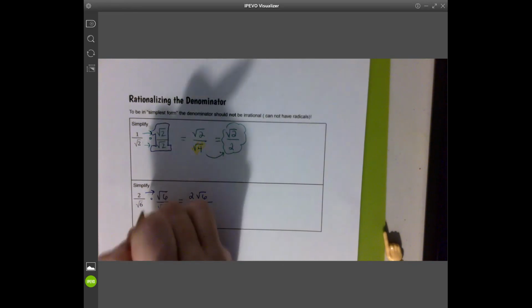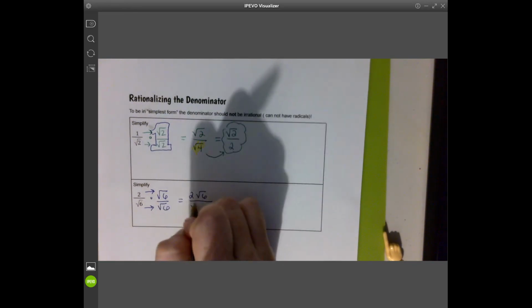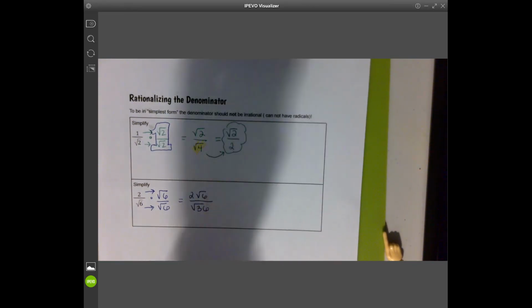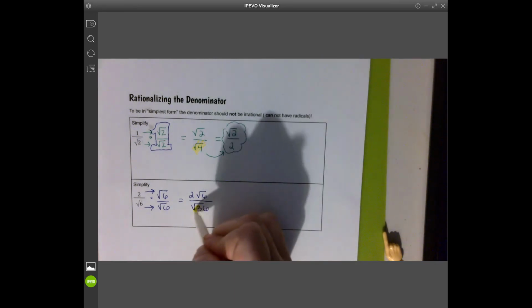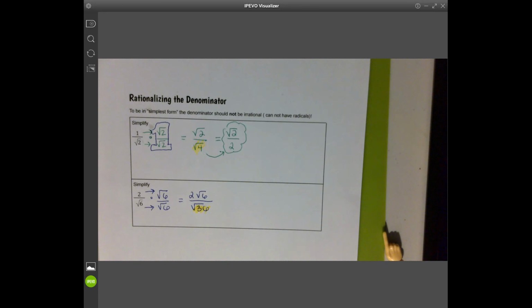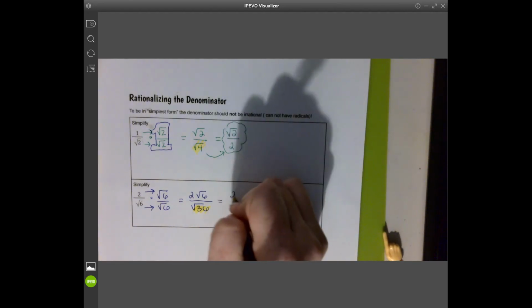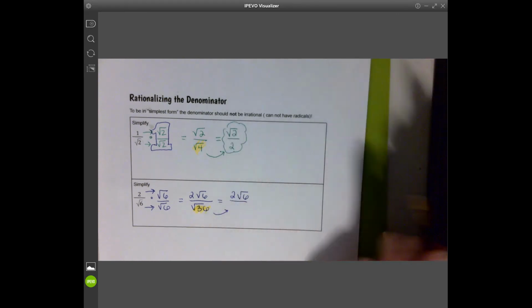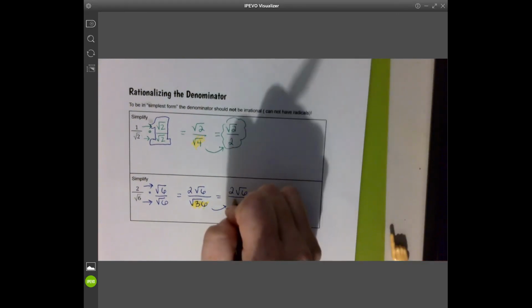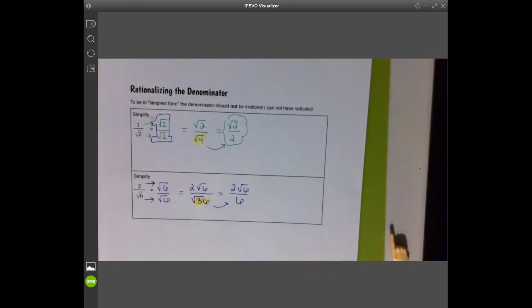On the bottom, when we multiply across, we get square root of 36. Again, 36 is perfect. So we can simplify. So here we have 2 square root of 6 over, and remember, square root of 36 is 6. Now we have to check, can we reduce?